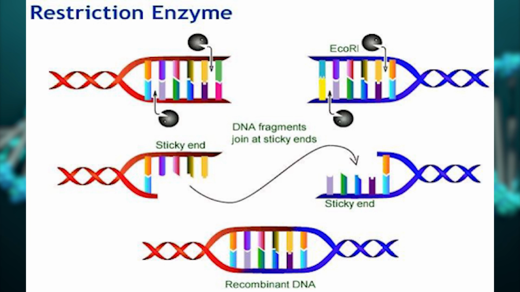EcoR1 enzyme is coming and binding to the recognition sequence which was present in the double stranded DNA molecule, and it will target the recognition sequence, produce a cut in the target sequence, and in this way the overhangs are produced.